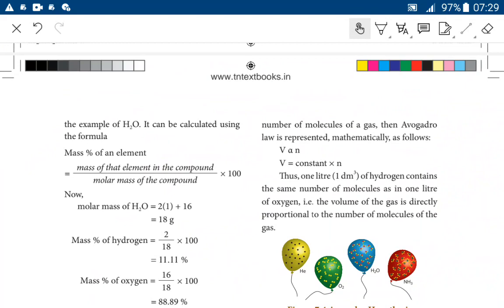For example, if we take water, a compound which consists of hydrogen and oxygen, we take the mass of hydrogen in the given compound and the total molar mass of water, into 100. In this way we can calculate the mass percentage of any element in the given compound.